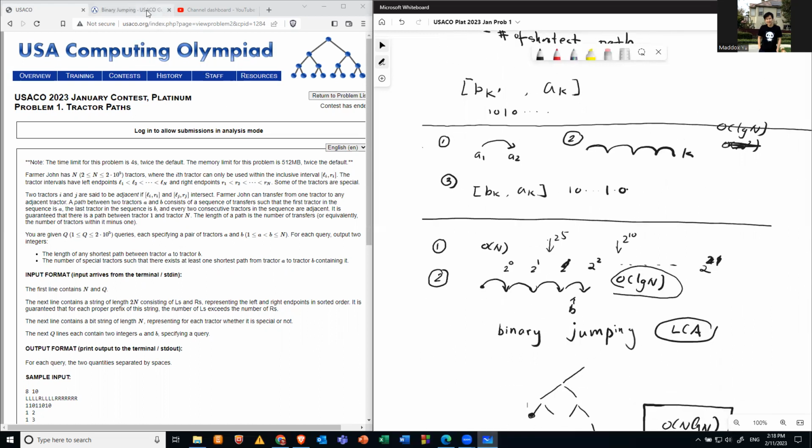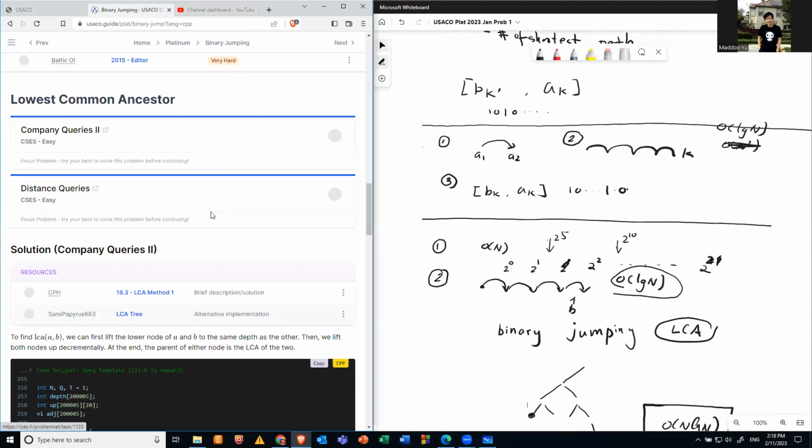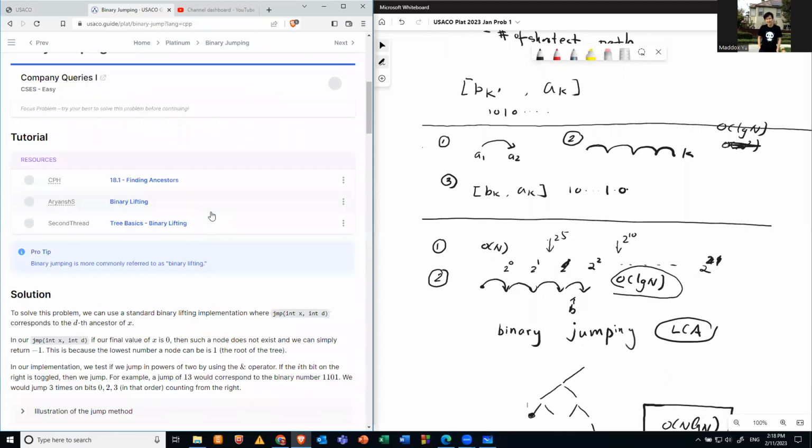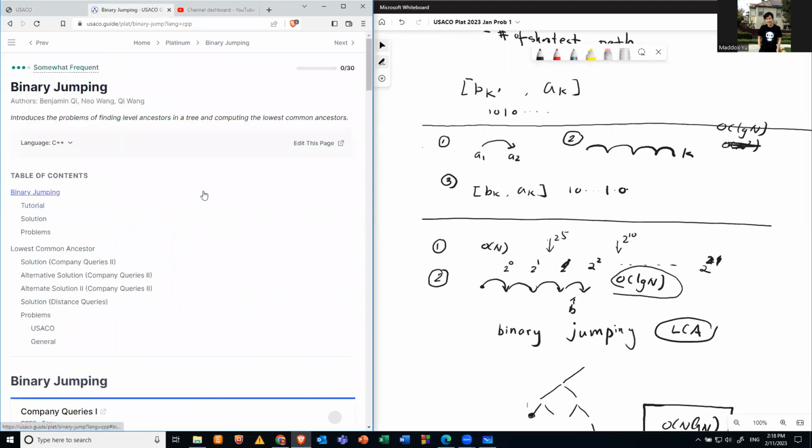Same way we did it when we did LCA. So if you forgot this, go back to Benjamin Chi's USACO guide and look at the Platinum level binary jump. Okay, that's the problem for today.